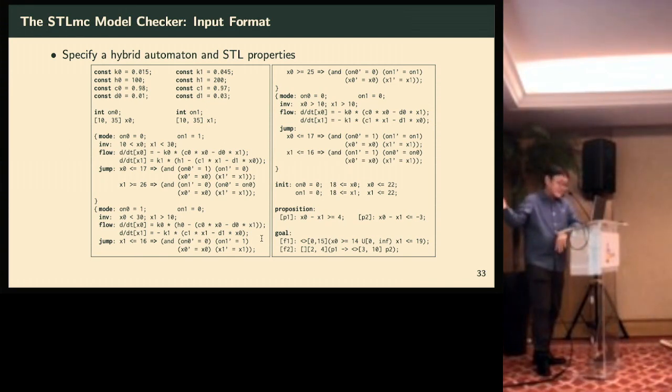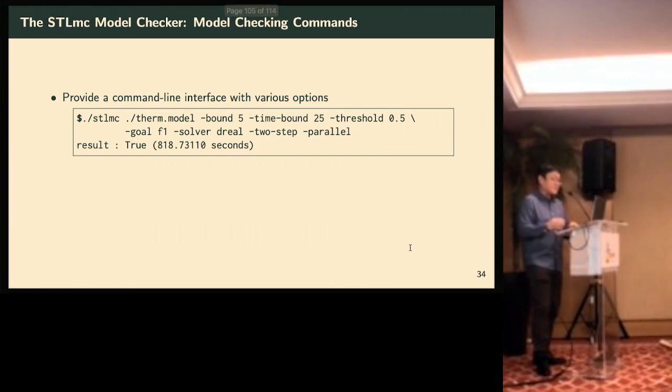But this is close to the dReach format, an SMT-based model checker. You can declare propositions and then declare the STL goal. It provides a command line interface using various parameters like the discrete bound, time bound, robustness threshold, solver, or optimization algorithm.